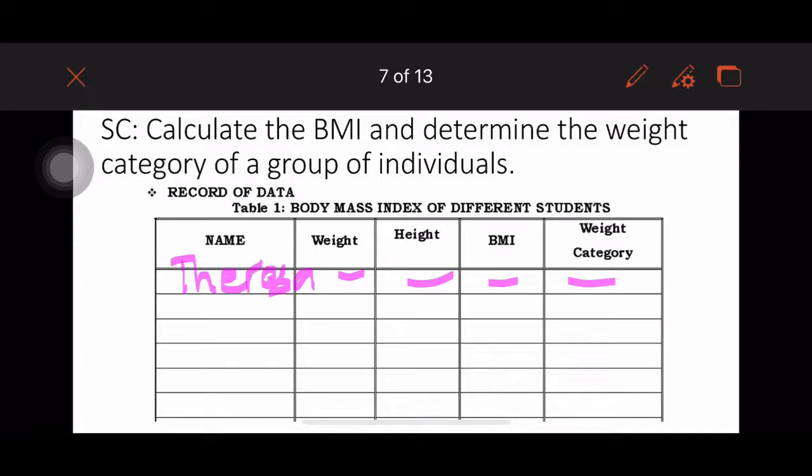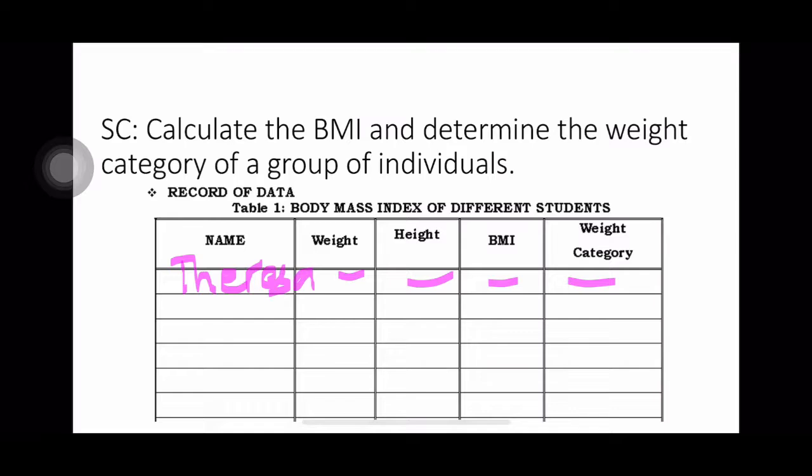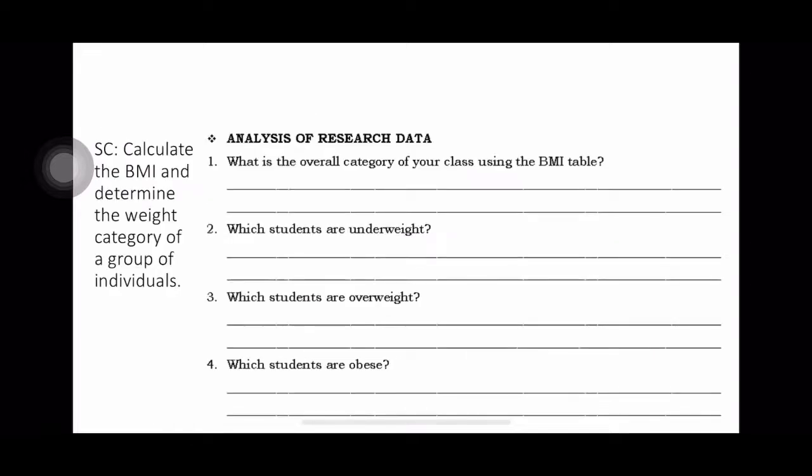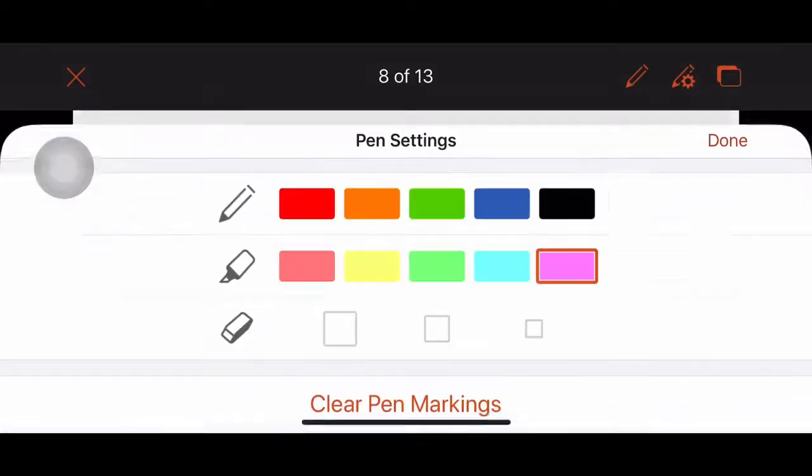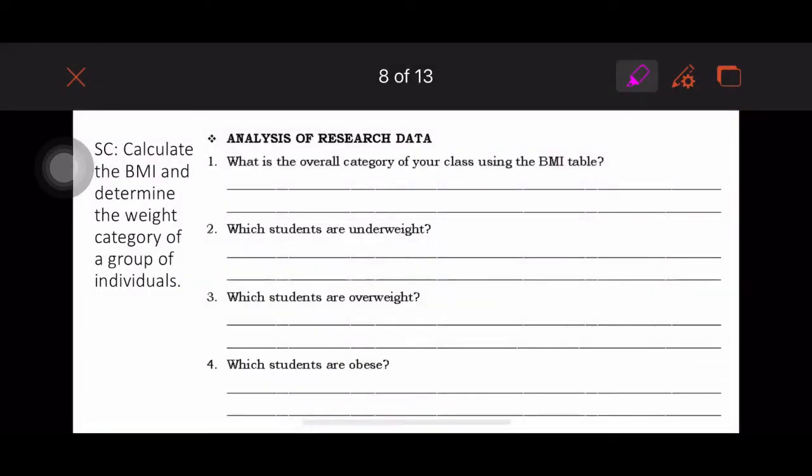Okay, so moving on. When you're already done filling this, because there are 20 students, you're going to see the weight category of your class, of this group of people. Okay, analysis of research data. You are going to analyze your data in a table.